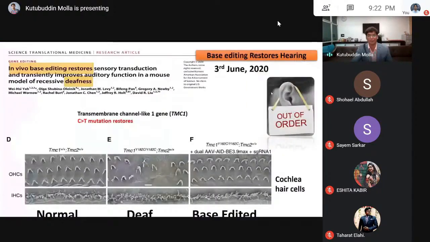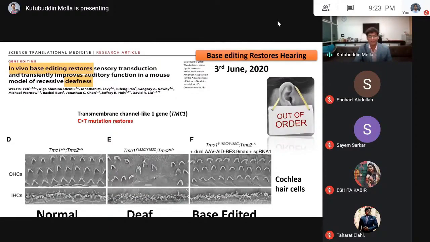Now this is a very exciting example that recently came out on the 3rd of June 2020: base editing restores hearing in a mouse model. This is deafness, you know. This deafness is caused by one mutation. Now a base editor has been applied to restore that single base mutation, and you can see this is a normal cochlea hair cell, which is very essential to have good hearing ability.